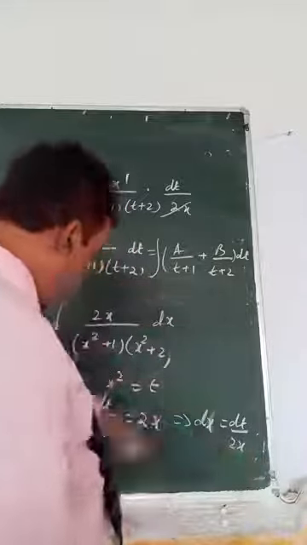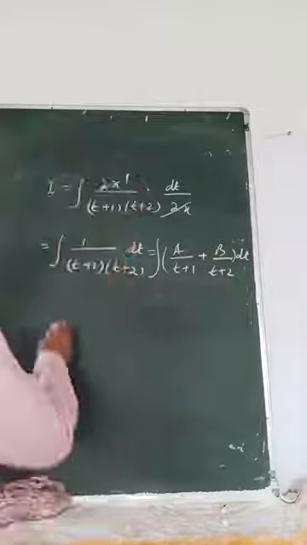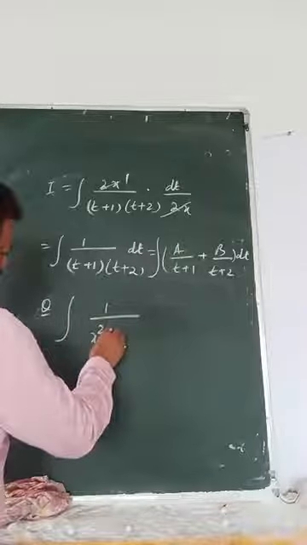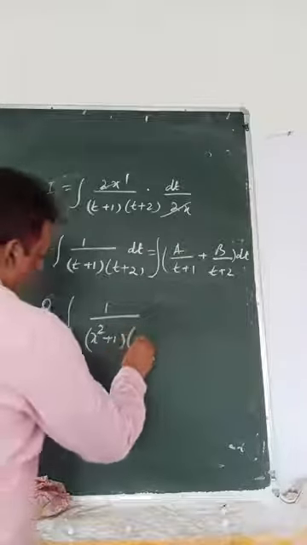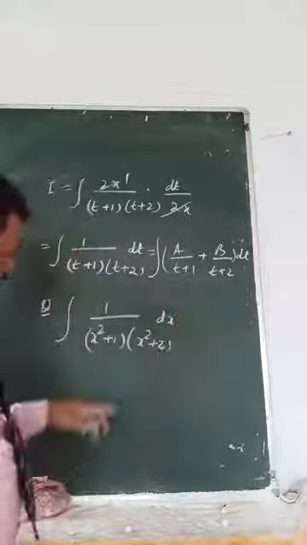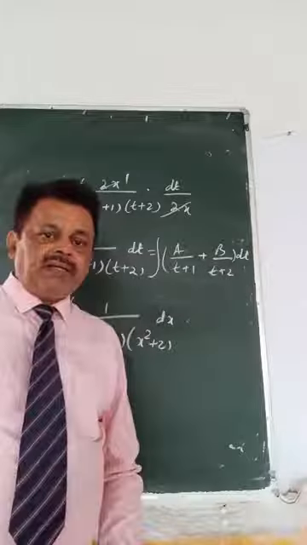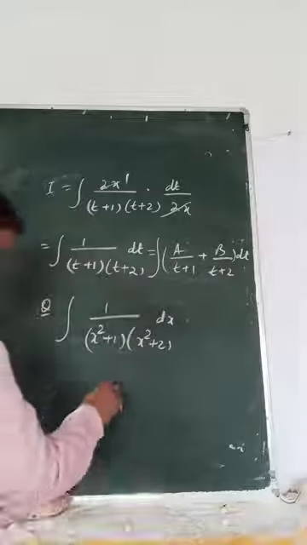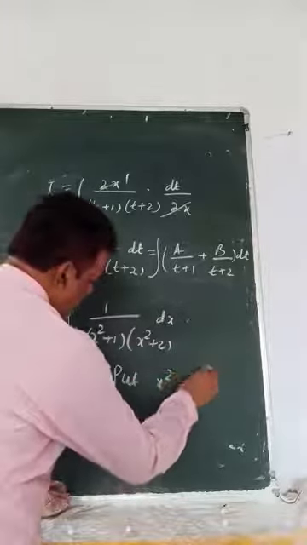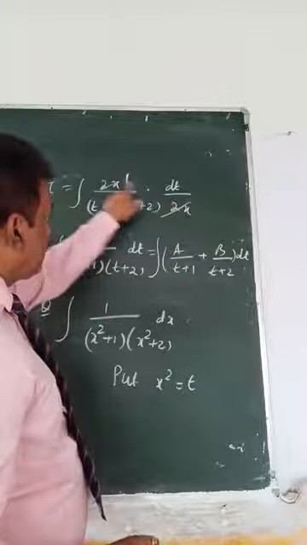Now back to the second one which I had written here, that is the bit complicated part. 1 by (x square plus 1)(x square plus 2) dx. Since its derivative is not here, we have to solve it in a different way, without derivative. Means put x square equals t. But note, in the previous case we took the derivative to cancel it.